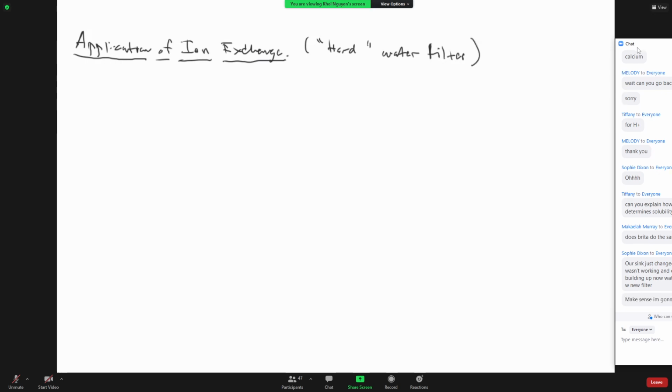I bring this up because there was actually a whole MCAT passage less than a year ago dealing with boiler scale, which is calcium oxide buildup, relating back to that question I asked you on your pipes in your house.